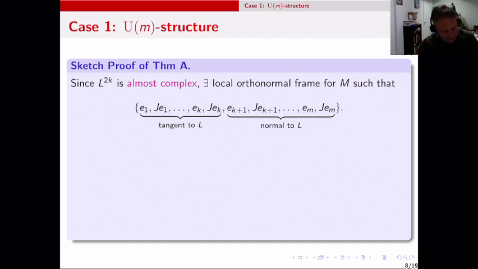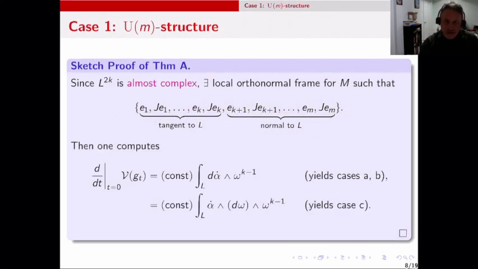Since it's calibrated, we can find a special adapted orthonormal frame for M. We can find a local orthonormal frame for M such that E1, J of E1, E2, J of E2, up to Ek, J of Ek are tangent to L, and then Ek plus 1, J of Ek plus 1, up to Em, J of Em are normal to L. And then you can compute using this local frame that the time derivative at time 0 of this volume functional for this path of metrics is some constant, which is not important, it's non-zero, times the integral over L of d alpha dot.